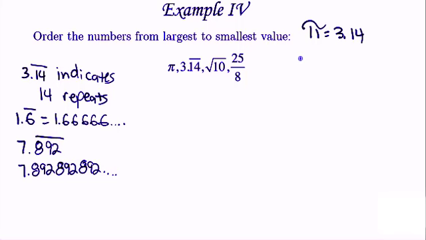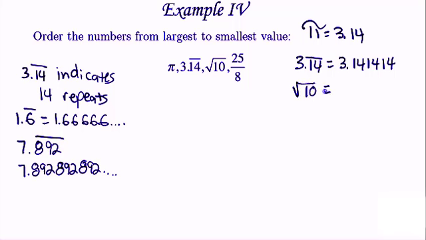Okay, so 3.14 with a bar over it tells me that this is just going to go on indefinitely, repeating. So I'll write it out, 3.141414. That should be far enough for now. Okay, so 3.14 with the 1.4 going on and repeating, and I have the square root of 10.